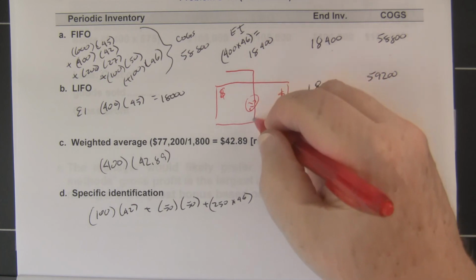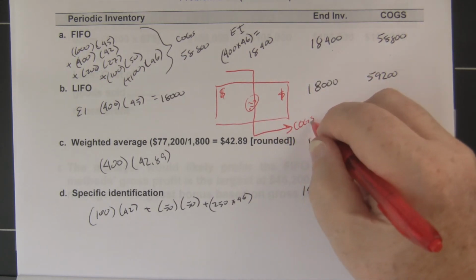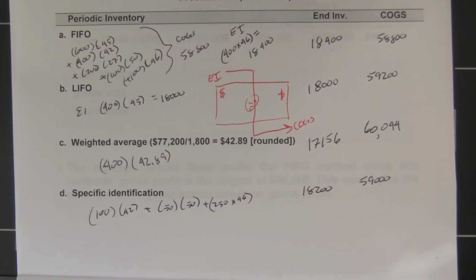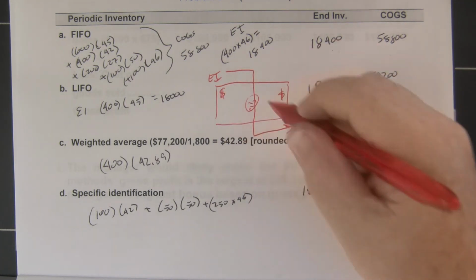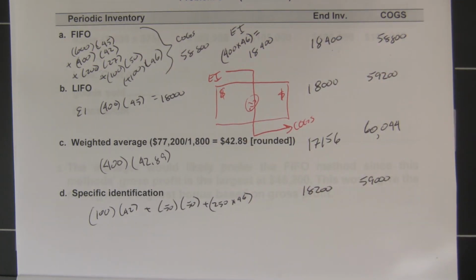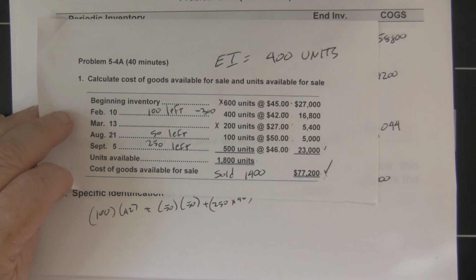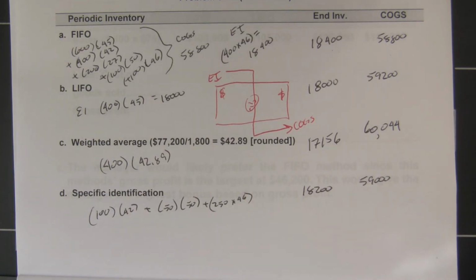When your inventory is sold, this half is cost of goods sold, this half is ending inventory. It's a zero-sum game. You cannot have a bigger number than, in this case, 77,200. So in this case, our inventory dollar is 77,200, and that's how we split it up. It's either in ending inventory or cost of goods sold.